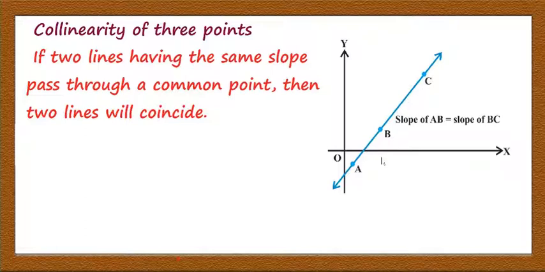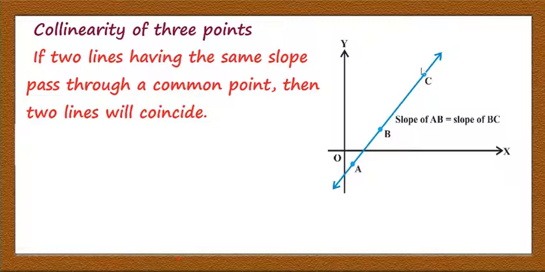Take three points A, B and C, and suppose A, B, C lie on the same line. Definitely the slope of AB and the slope of BC will be equal. Thus if three points are collinear, then the slope of AB is equal to the slope of BC. Conversely, if the slope of AB is equal to the slope of BC, then A, B, C are collinear.